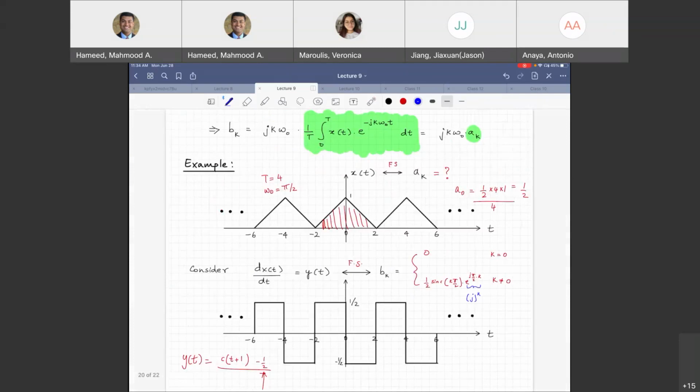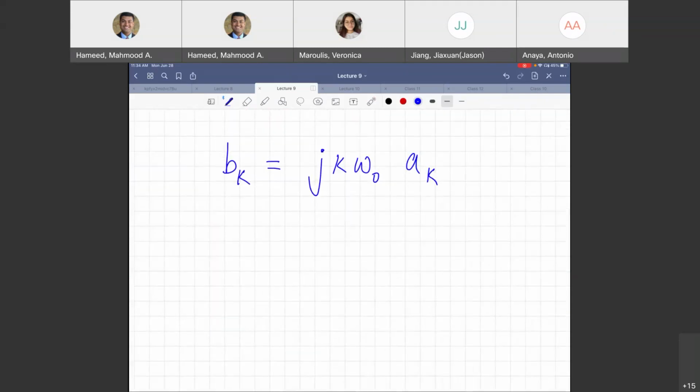We have found what? bk. What was bk? Not half, it was j raised to k half sinc k pi over 2 equals j k omega naught ak, right? This is k not equal to 0 here.